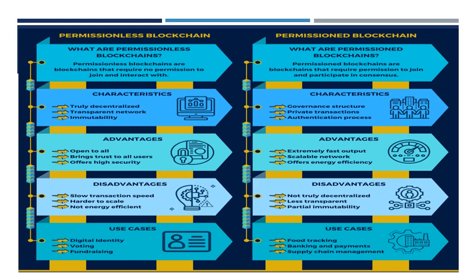The disadvantages of the permissionless blockchain are slow transaction speed, hard to scale, and no energy efficiency. Now the permissioned blockchain's disadvantages: they are not truly decentralized since they have a governance structure. They have less transparency and are partially immutable.